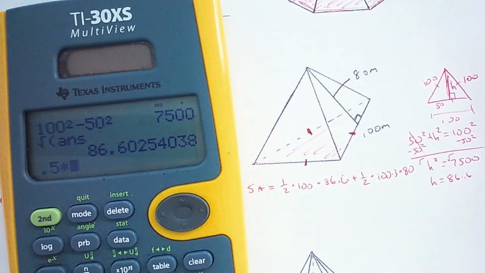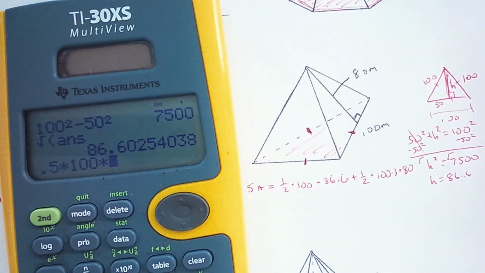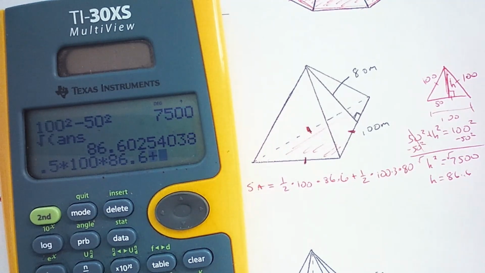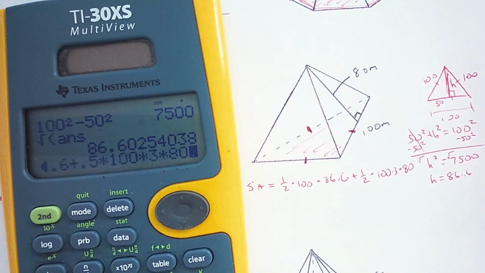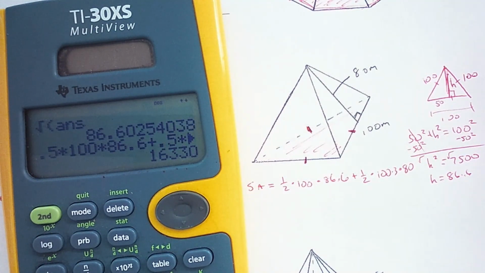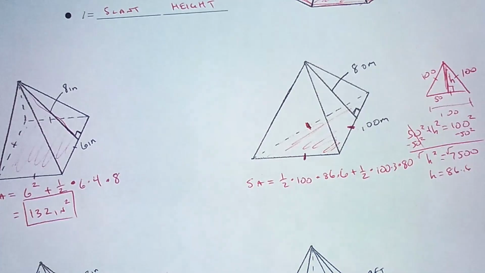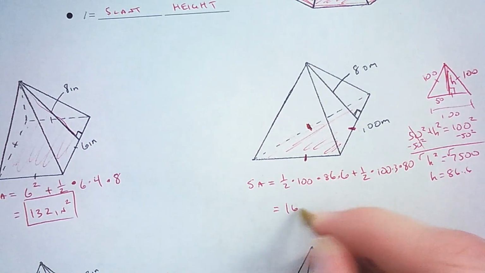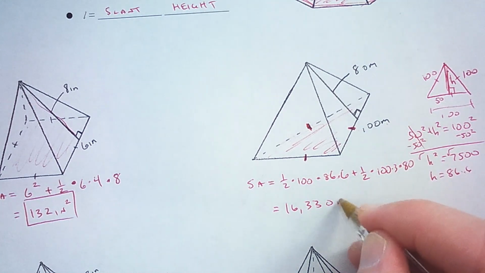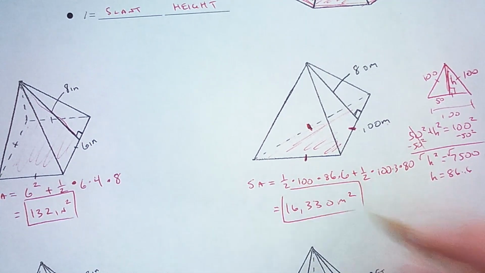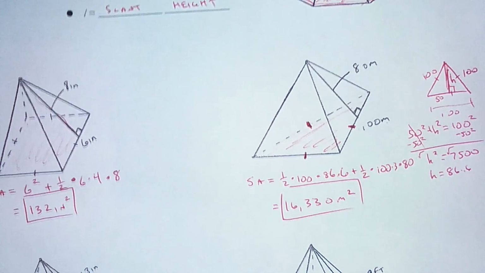So we have 0.5 times 100 times 86.6 plus 0.5 times 100 times 3 times 80. And that is 16,330. So 16,330 meters squared is the surface area.